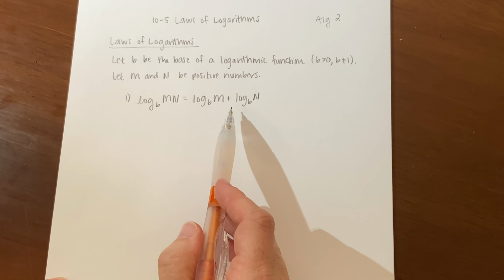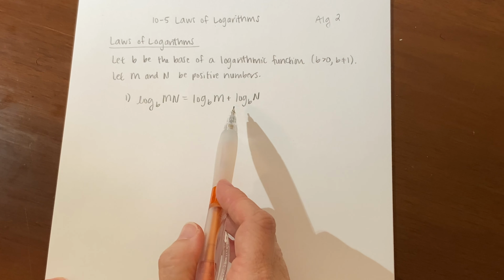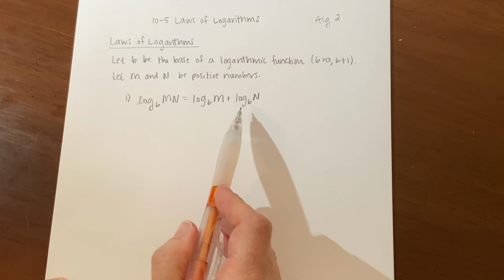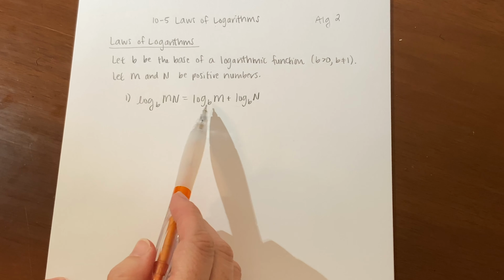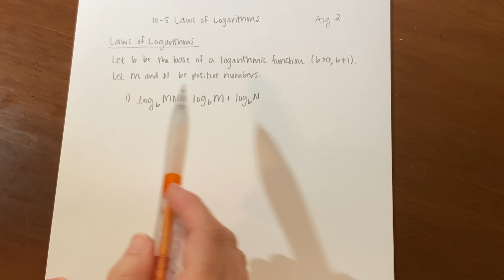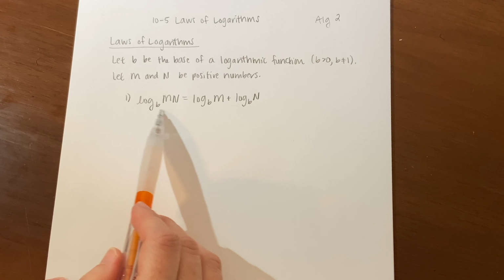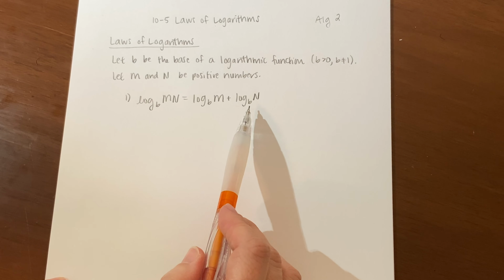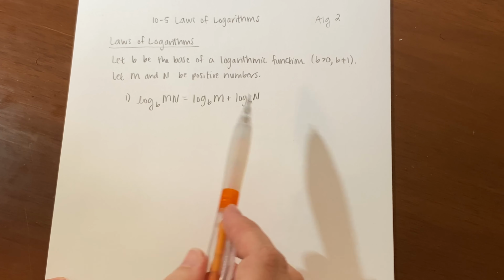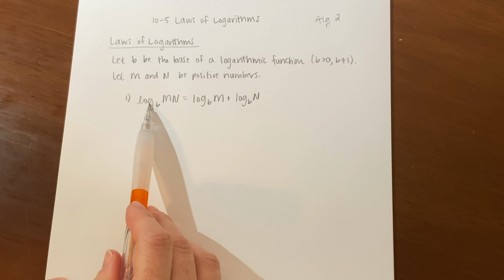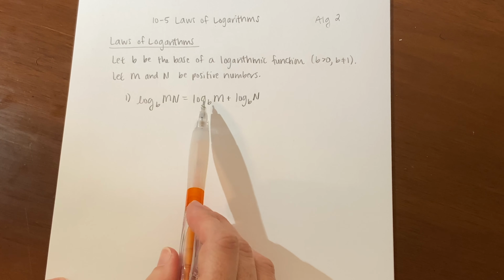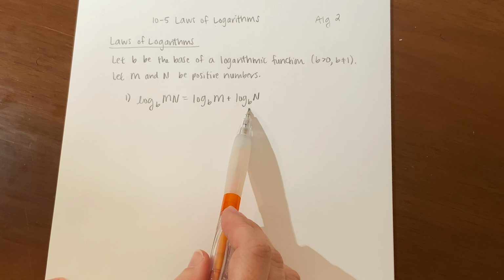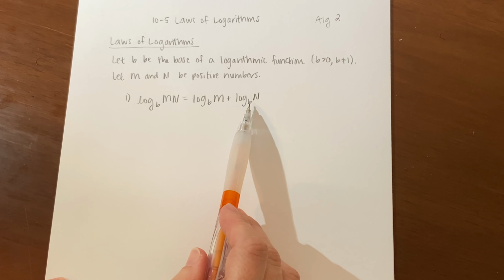There have been other exponent rules that show a relationship between multiplication and addition. So what we're doing here, this works two ways. We can take this condensed logarithm and expand it out into separate parts. So notice that here it starts as log base b. It stays log base b in each part. The base stays the same.